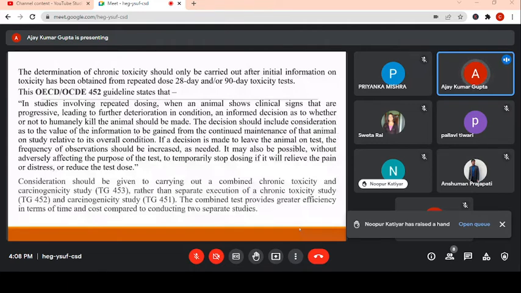What decision? Whether to let this animal suffer or not to suffer. If not to suffer, then humanely kill. And if the decision is to continue, then let it continue. Then close observation, with a more frequent observation time period, has to be made.